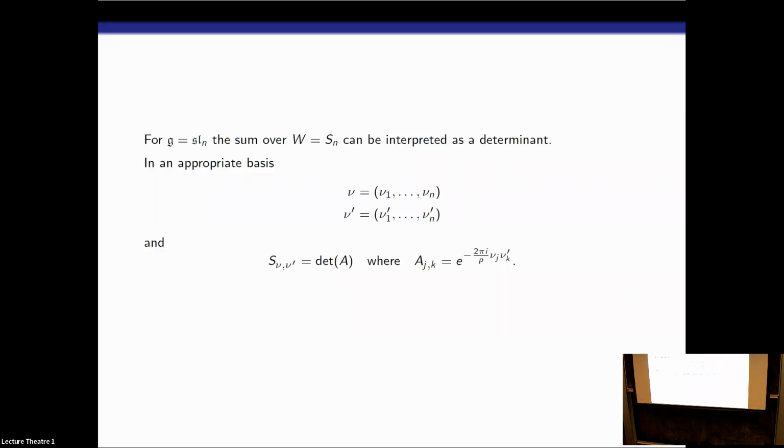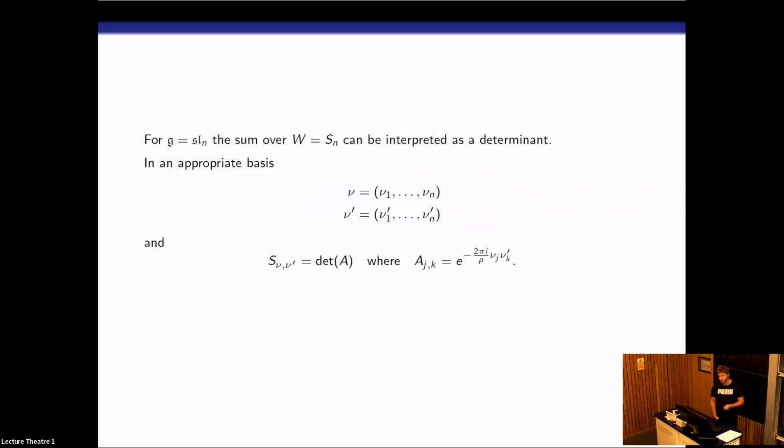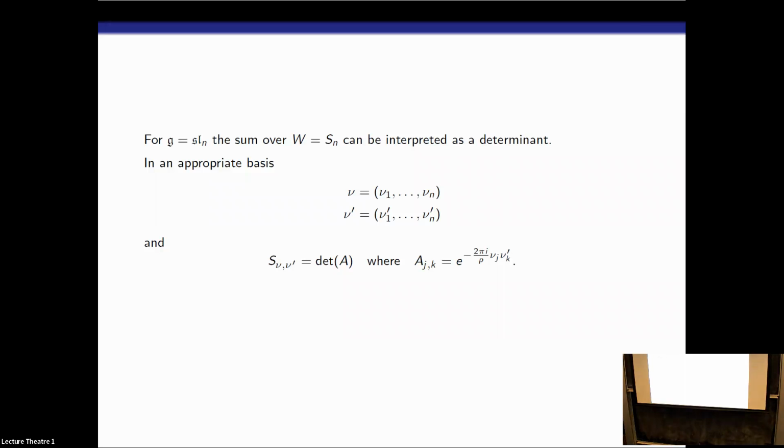So you have 2 weights, ν and ν′, and you want to compute this kind of sum that appeared on the previous slide. It's an easy observation that in an appropriate basis, you can interpret the sum precisely as the determinant of a particular matrix. The matrix has entries a_{jk}, just given by the components ν_j and ν′_k.